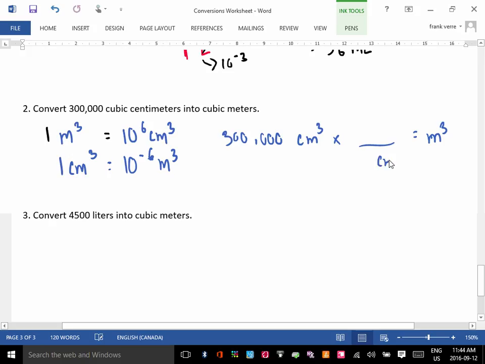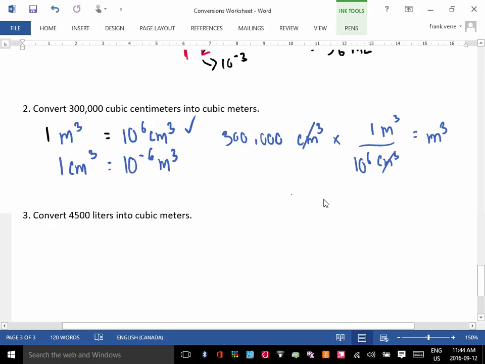So we're going to get rid of the cubic centimeter. Again, if you want to do 1 cubic meter on top, then what would we put on the bottom? 10 to the what? 10 to the 6. We would use this. So it would be 300,000 divided by 10 to the 6.